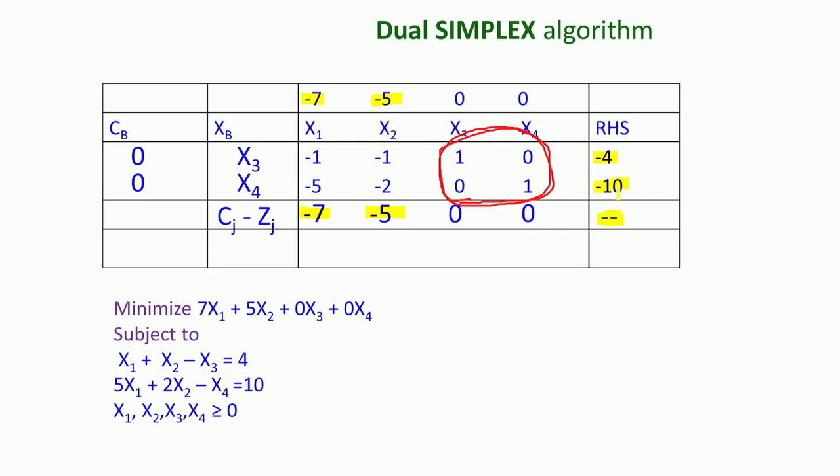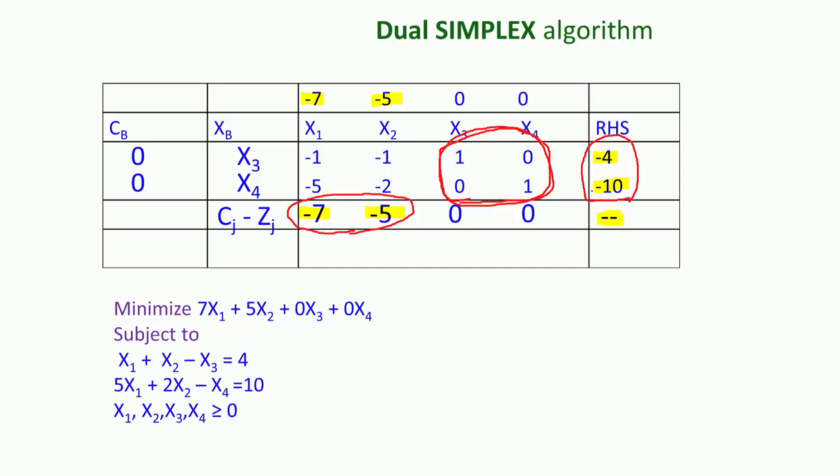The right hand sides are infeasible because I have a negative value on the right hand side. But surprisingly, I am happy with the negative values of Cj minus Zj here, minus 7, minus 5, 0 and 0. So if for some reason these two were positive, then this minus 7, minus 5, 0, 0 will tell me that it is optimum.